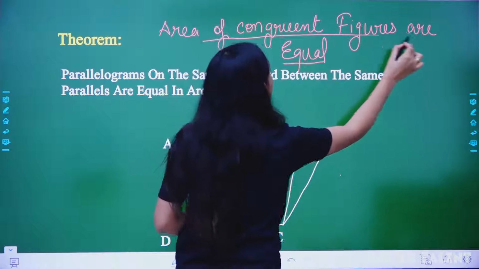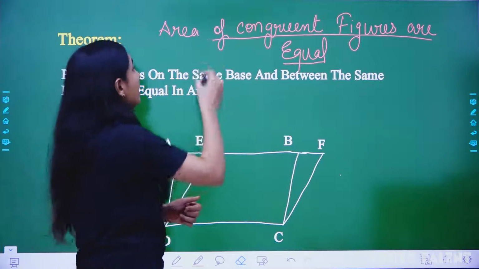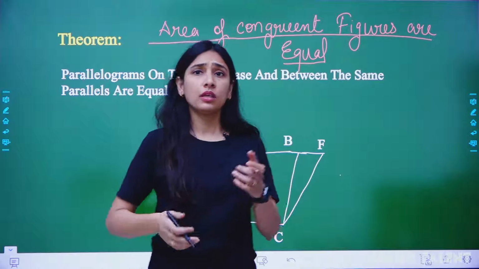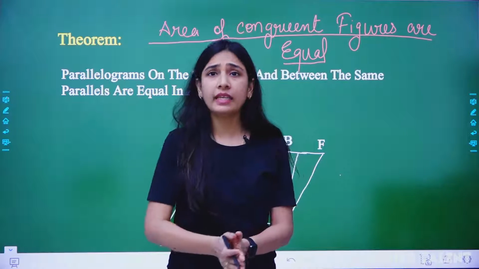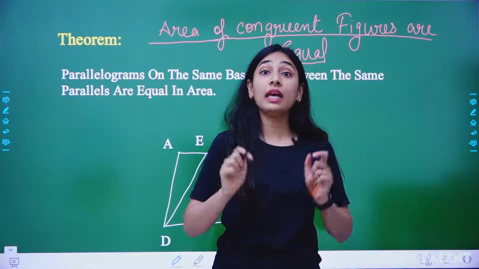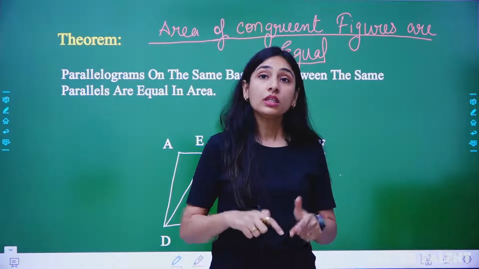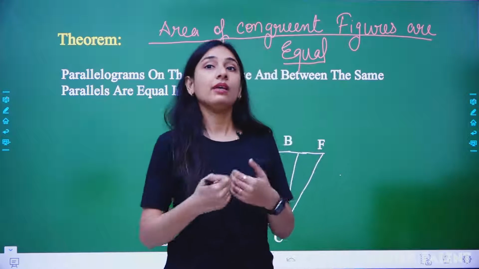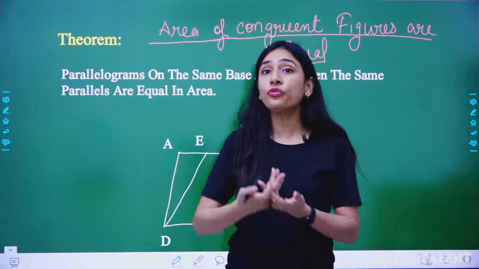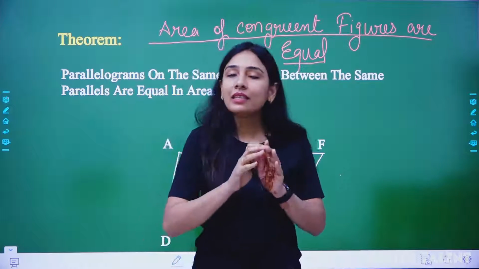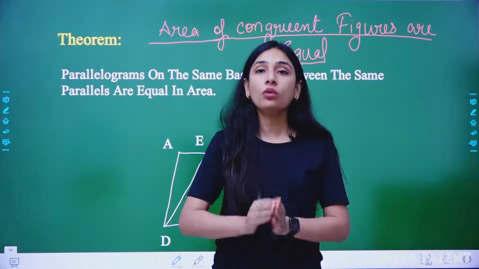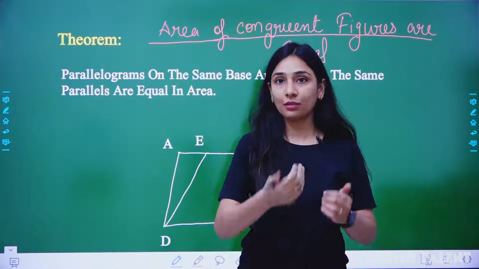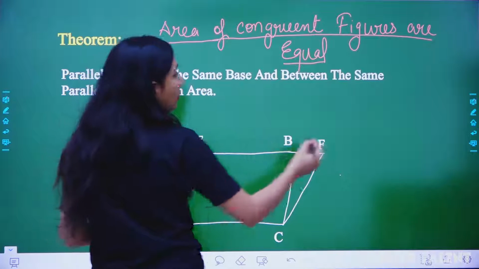That means if I have two triangles, and they are congruent, then the area of these two triangles will also be equal. But if the areas of two figures are the same, that doesn't mean they always need to be congruent figures.